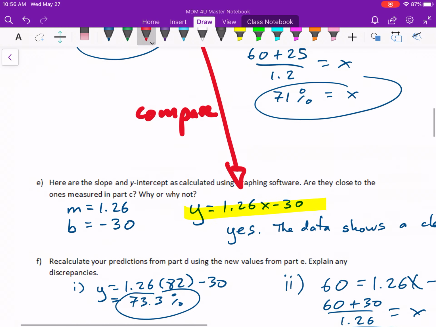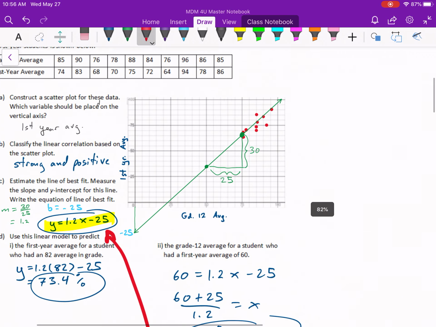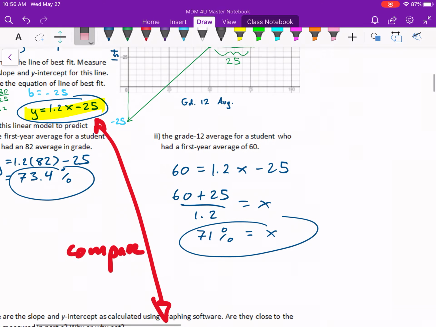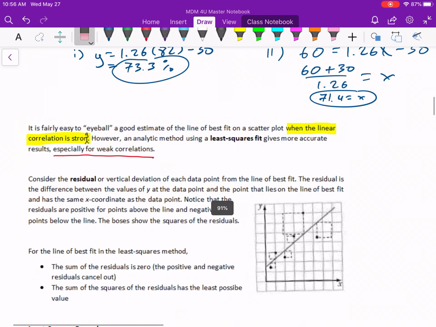So, in other words, imagine my scatter plot back here. What if it had been more something that looked like this? And the dots were more spread out. I could still estimate it's like this, but maybe it's more like this. It's easier to make mistakes and to not be as accurate when you don't have a strong correlation.